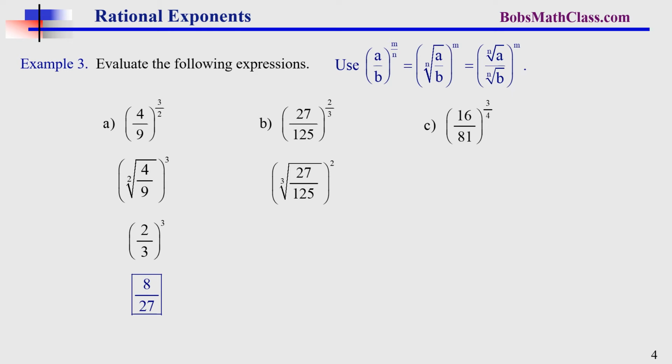And the cube root of 125, right, that's 5. So 3 over 5 raised to the second power. Now each numerator and denominator is raised to the second power. So 3 squared is 9. 5 squared is 25.